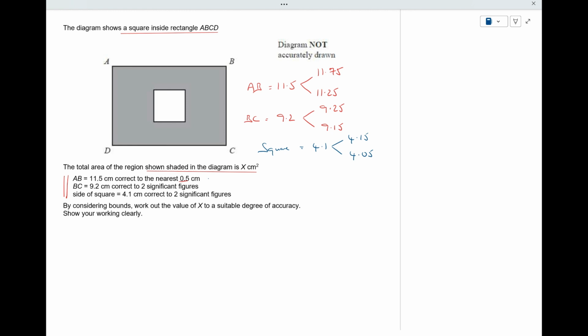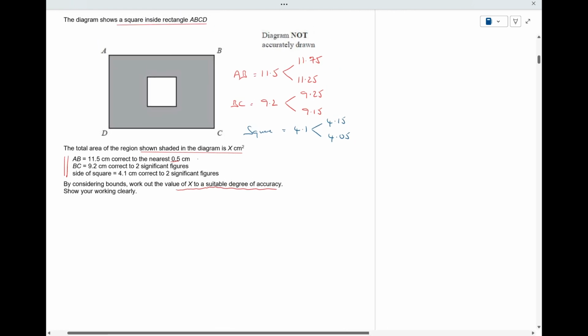Right, let's read the question. By considering bounds, work out the value of x to a suitable degree of accuracy. Show your working clearly. We are going to need to work out the maximum possible value of x. I'm going to call that x max. Now, the maximum possible shaded area will be the largest possible rectangle, 11.75 times 9.25, the area of the largest possible rectangle, subtract the area of the smallest possible square.